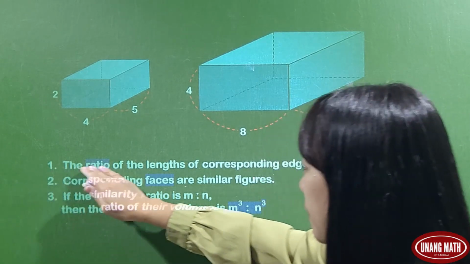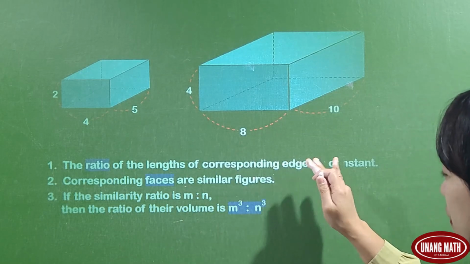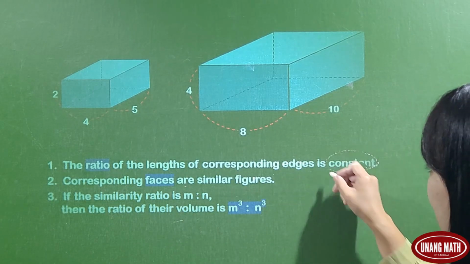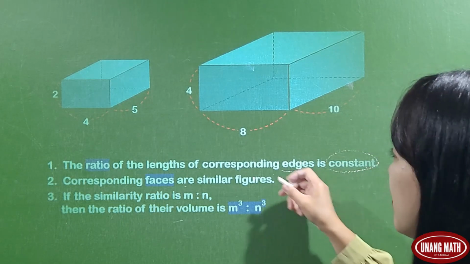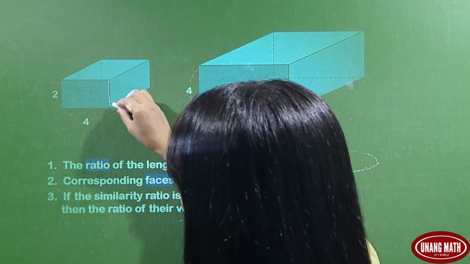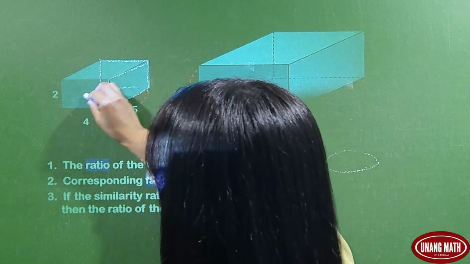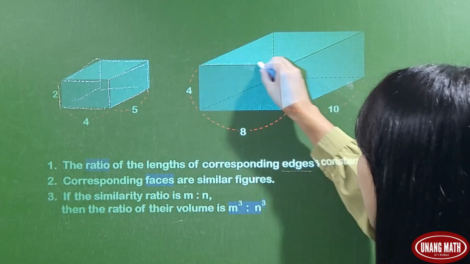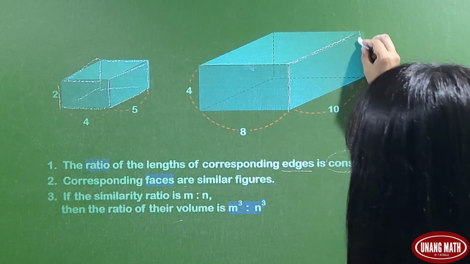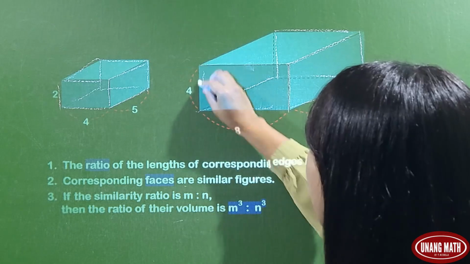The first property is the ratio of the length of corresponding edges is constant. Okay, when we say edges, this is an edge, edge, edge. These are edges. What about here? This is an edge, edge. These are edges.